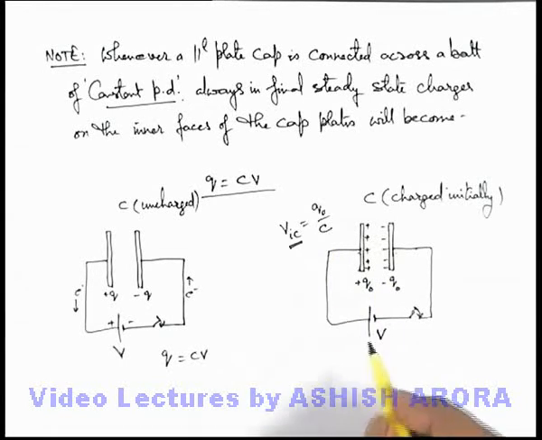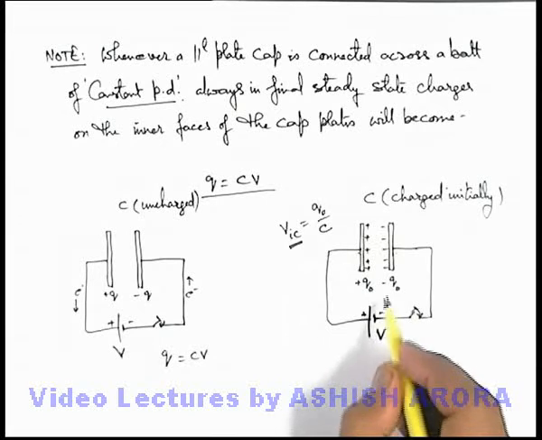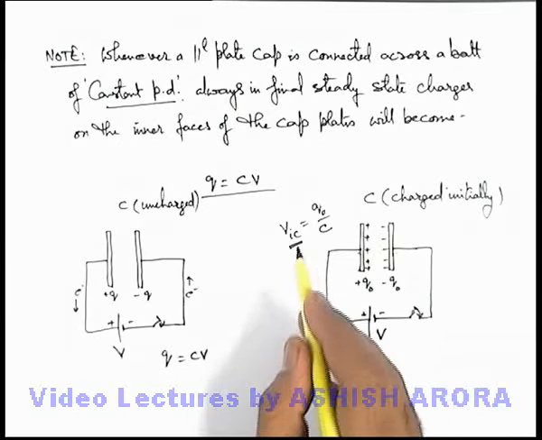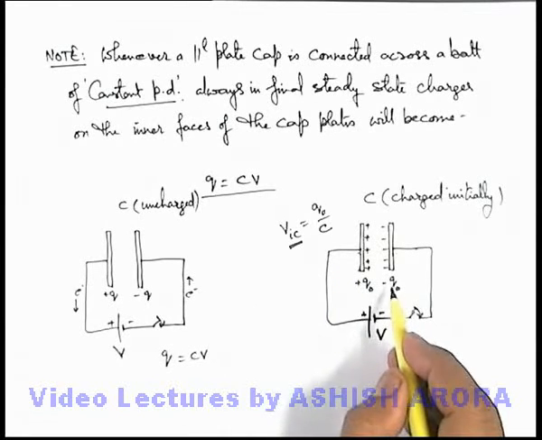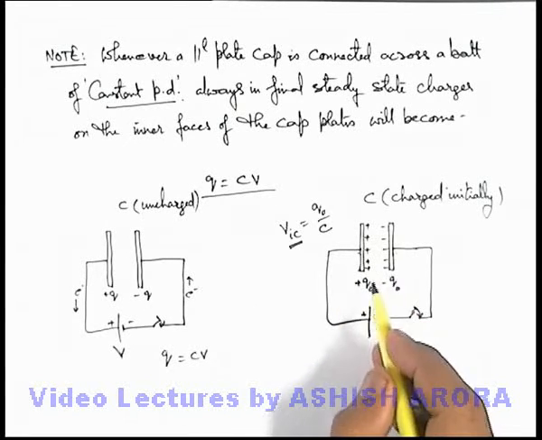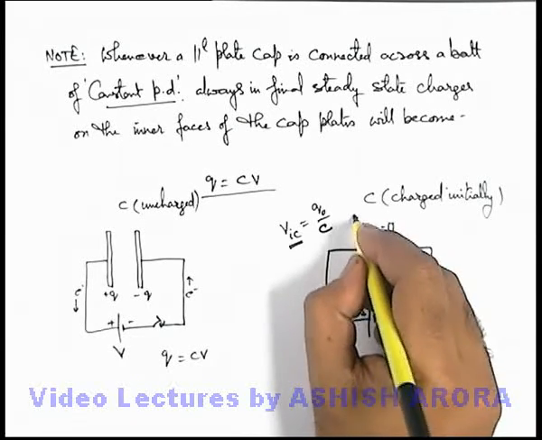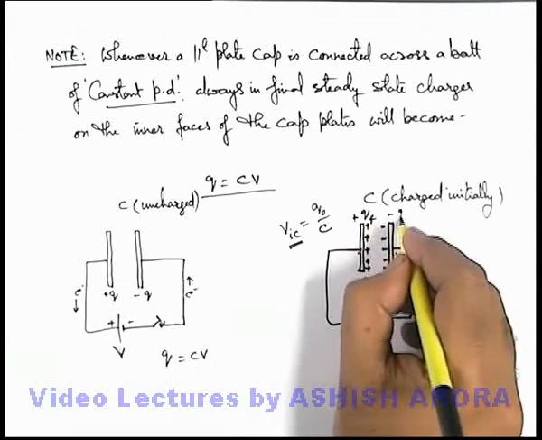If Q0 by C is more than the battery voltage, charge will flow from the capacitor to the battery, or you can say it will discharge. And if V is more than Q0 by C, charge will be supplied by the battery to the plates and its charge will further increase. And we can say this will finally become plus QF and minus QF.